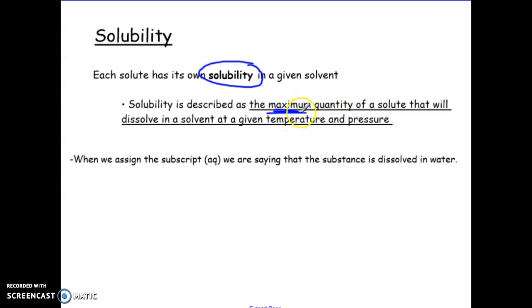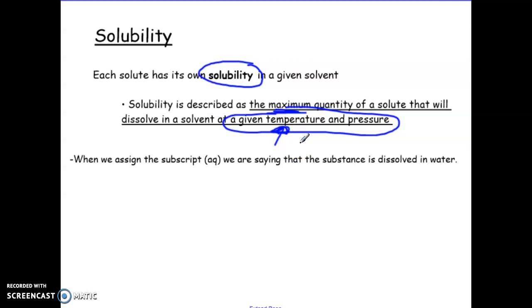If you're able to dissolve a lot of a substance, we say that has high solubility. If you're able to dissolve a small amount, that's known as low solubility. There's a few things it depends on, and the most important one is temperature. However, when we're talking about solutions, most of the time we're talking about room temperature.